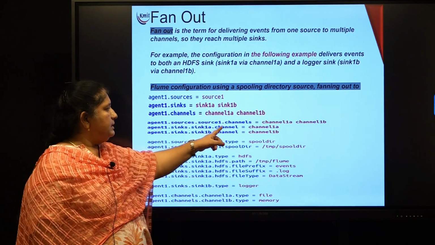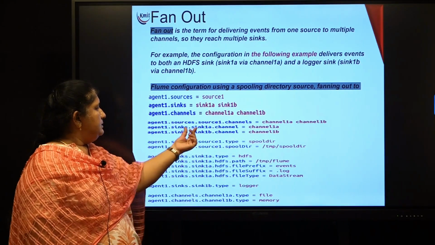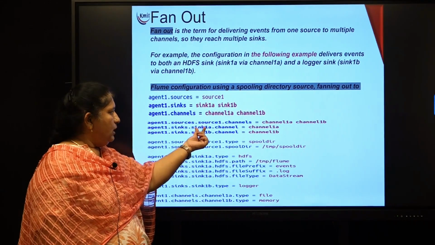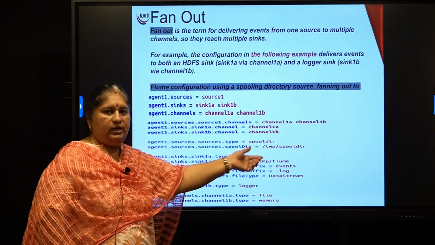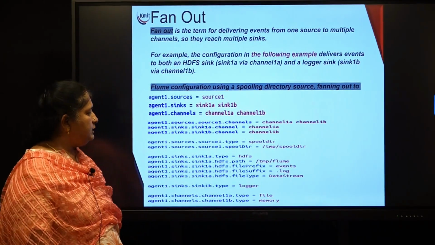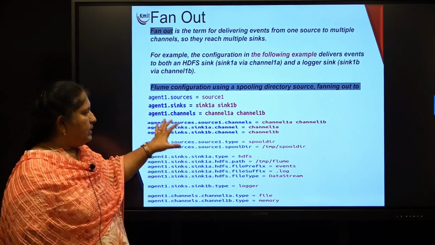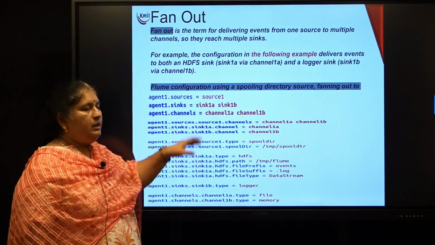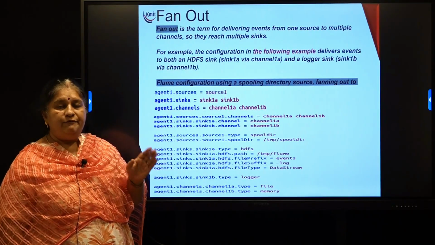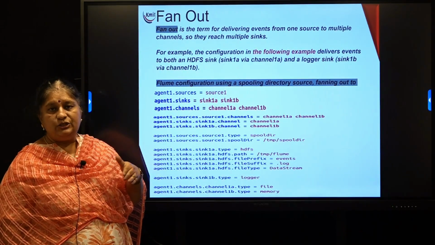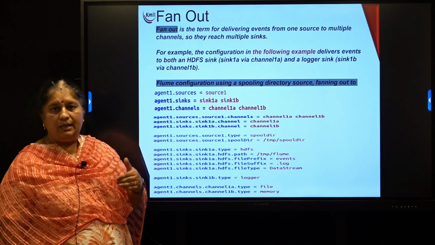So source1 is connected to both channels, and similarly, sink 1A is connected to which channel, and sink 1B is connected to which channel? We are supposed to specify all these parameters. So this is one scenario of fan out, wherein the events from one source reach multiple sinks using multiple channels.